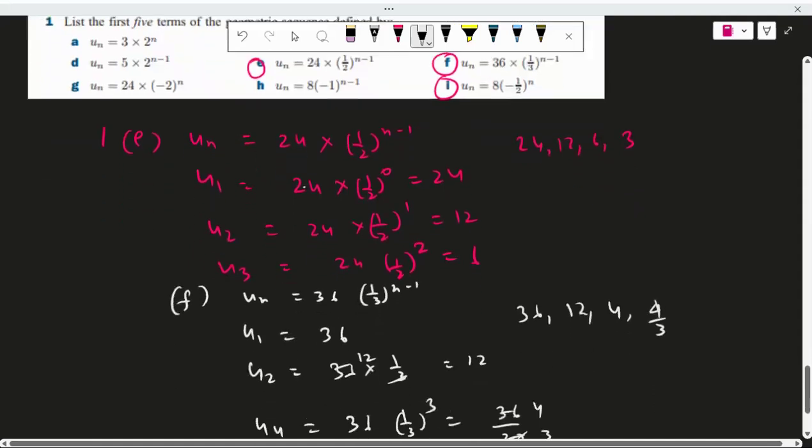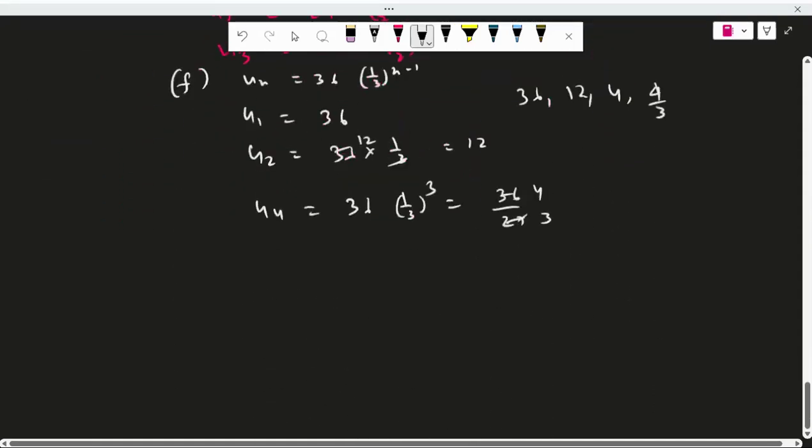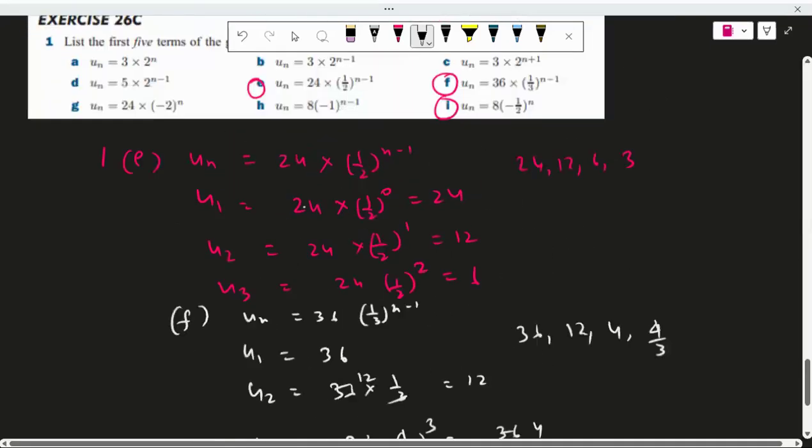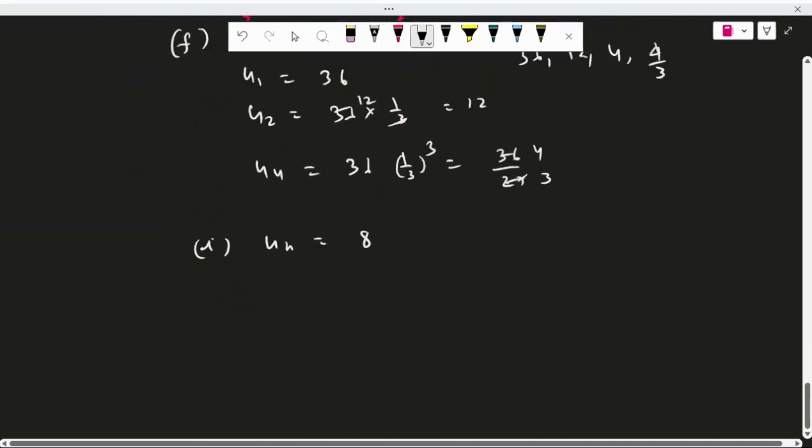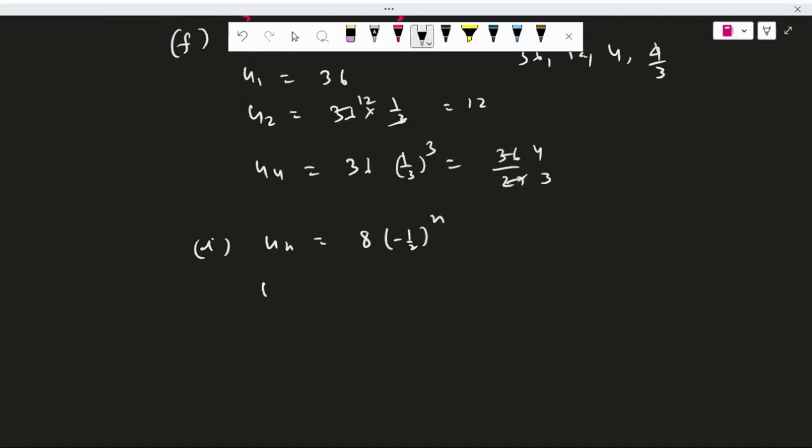And the last one, I part, is Un equals 8 times minus 1 over 2 to the power n. U1 is 8 times minus half, that will be negative 4.